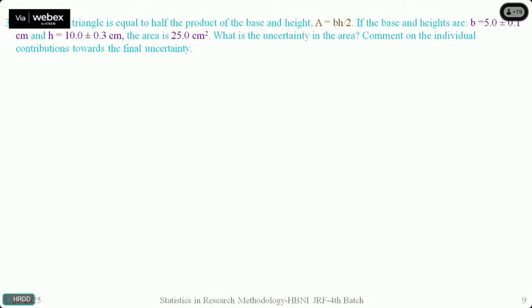When you are asked for relative, take the ratio between the uncertainty and the value. When you are asked for the absolute uncertainty, after the multiplication or division, multiply with the area value. Then you have already done.